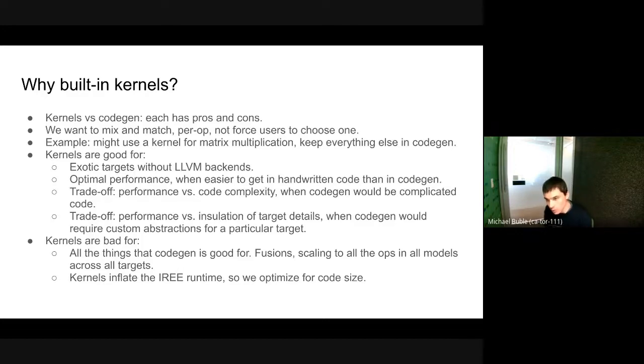XNNPACK is another Google open source neural network inference framework. And the XNNPACK authors were way more serious than I was about squeezing the last percentage of peak performance out of the kernels. And basically, whatever my architectural superiority was actually insignificant compared to squeezing 10% more out of the kernel.